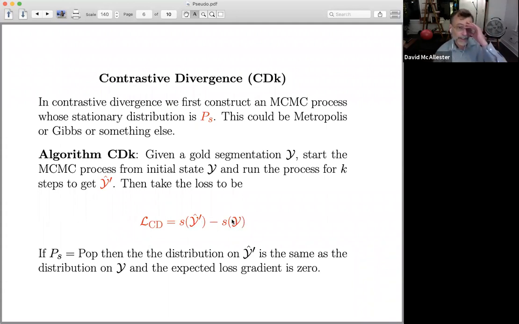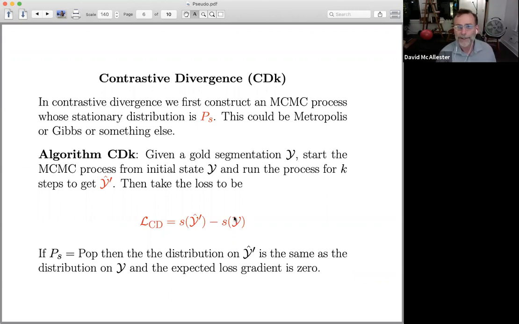So the intuition is that if my model's wrong, then when I run for some number of steps, I'm moving into the wrong distribution. So I'm thinking of this as a good label, and this is a bad label, and I want to move toward my good label. That wasn't very clear, but let me say something else that might be clearer.